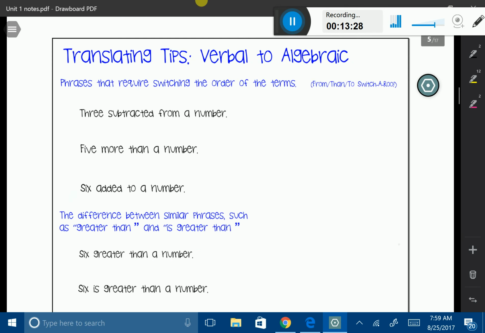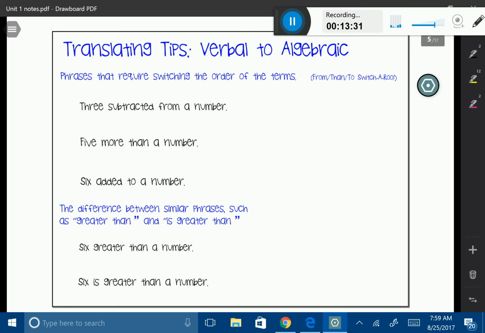All right, a couple more tricky ones. The next one is phrases that require switching the order of the terms. I have this little thing I like to remember: from, than, or to, you switcheroo. So if you have any of these words, from, than, or to, you're going to switch it around.